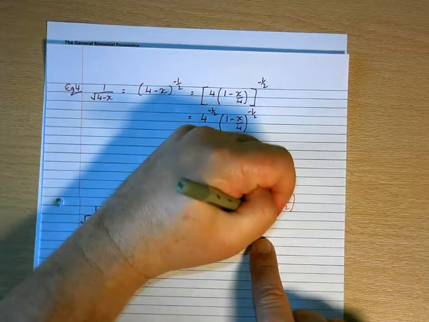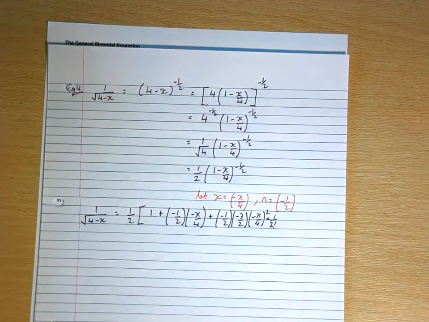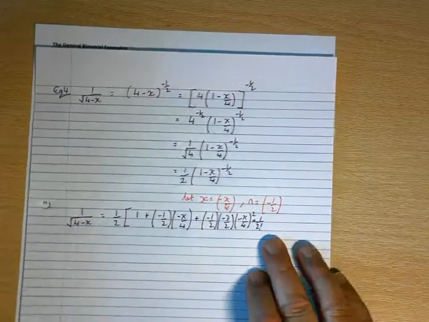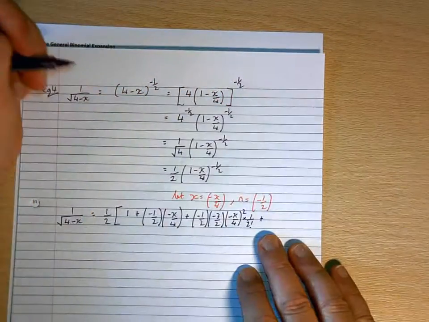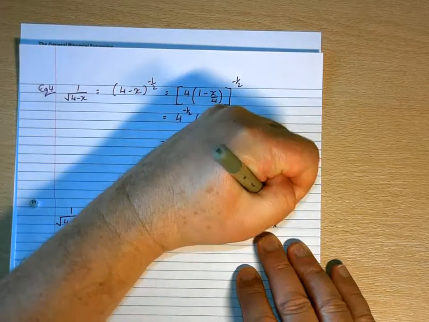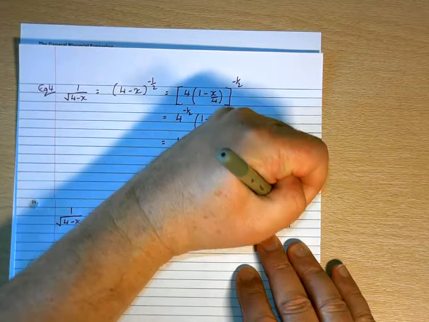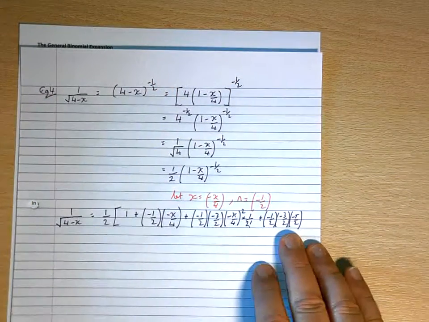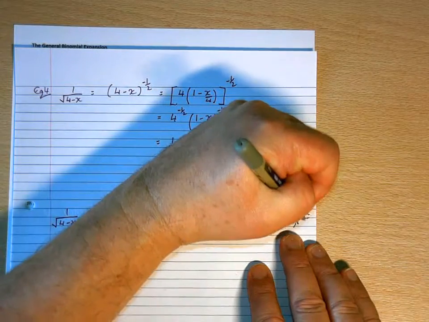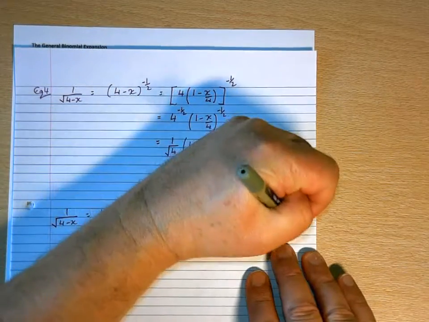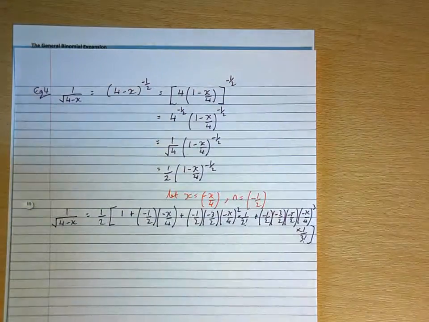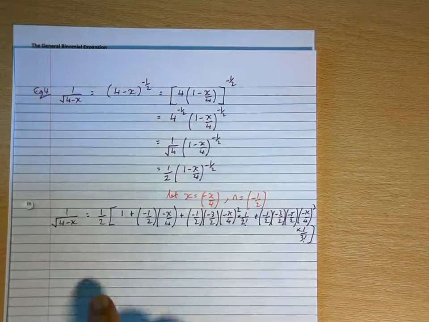And you have to remember that there's the 2 factorial in there as well, which is an easy thing to leave out. And then to get to the cubic term, we take another one off. Then we have the x over 4 cubed and the 3 factorial.